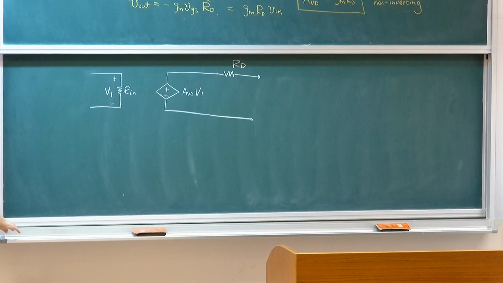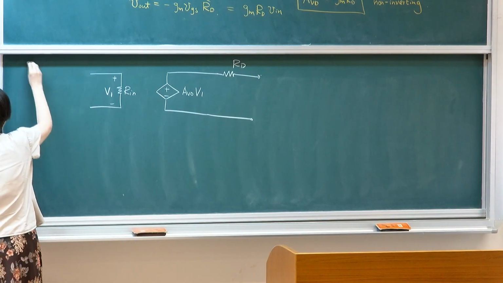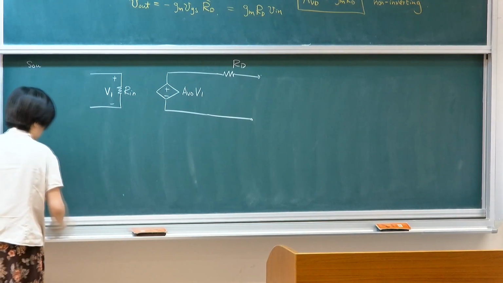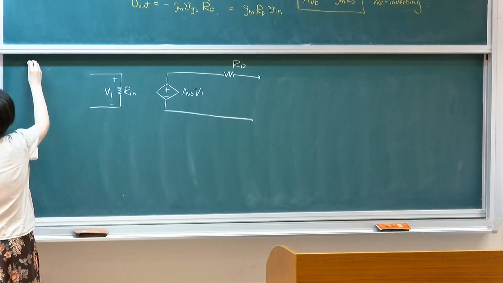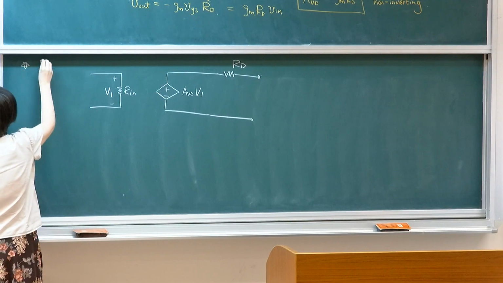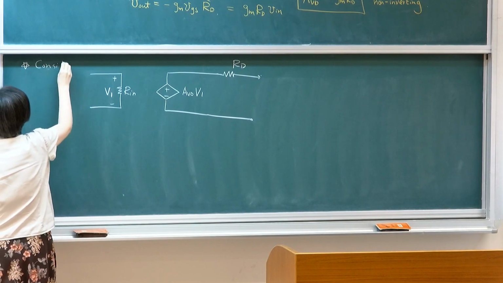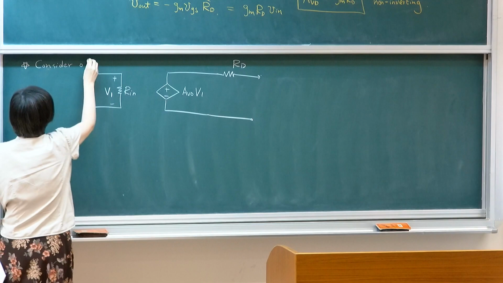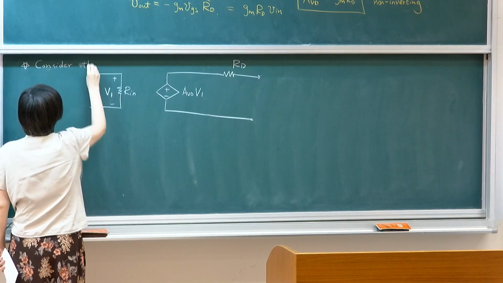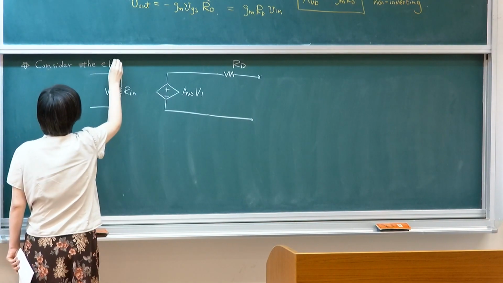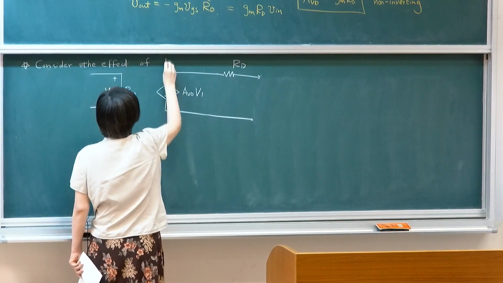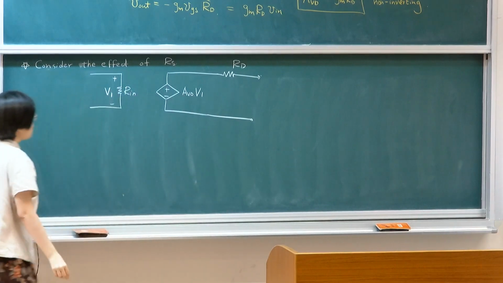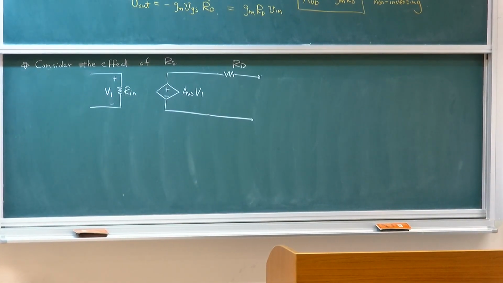So what if my source resistance, RS? The variation of this is when one wants to consider the effect of RS. A source resistance is that at the source terminal, the input terminal, you have some series resistance.